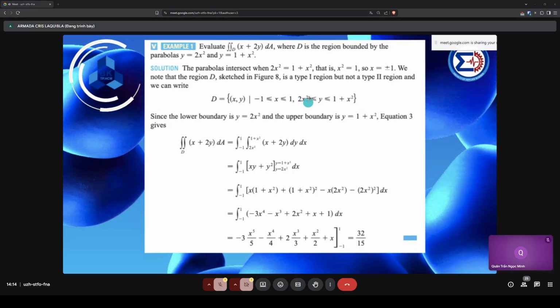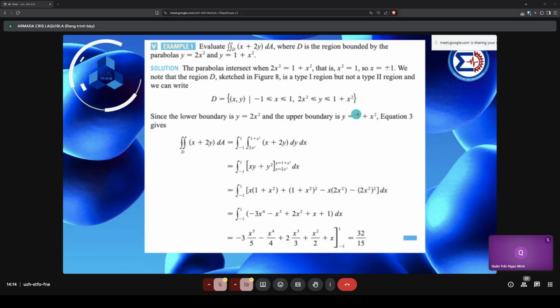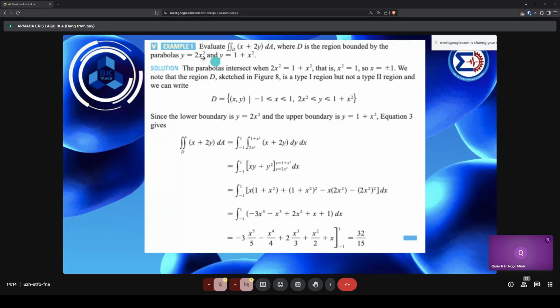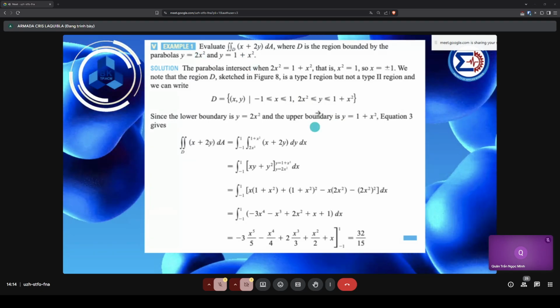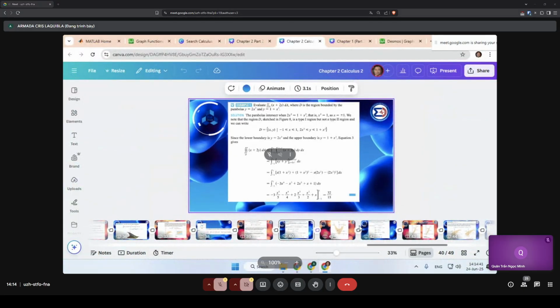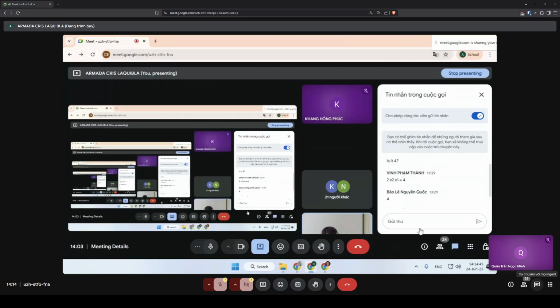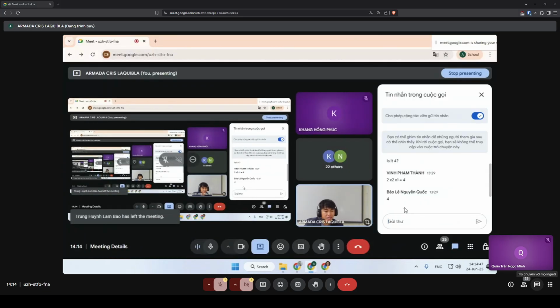Again, you have to determine which of the two functions is higher in the graph. What's your answer? Why is your 2x squared less than the 1 plus x squared?